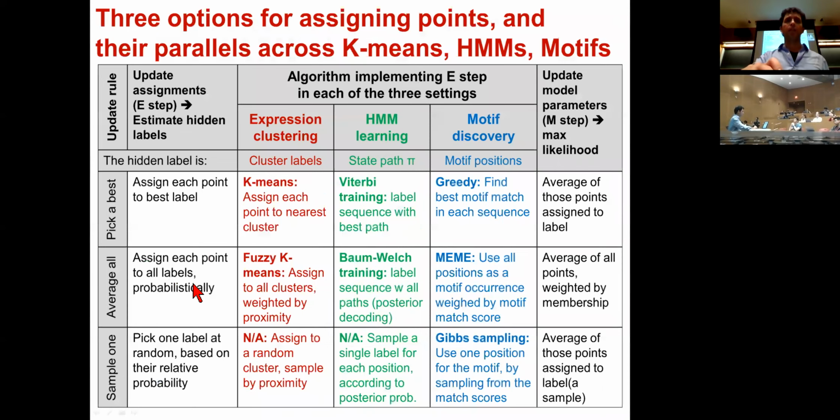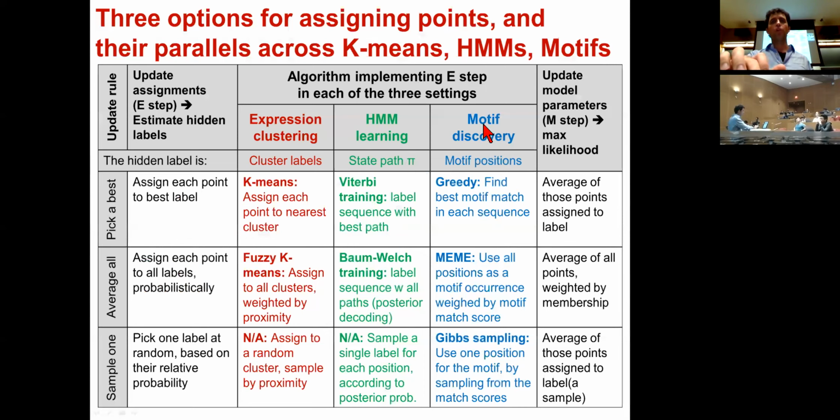So basically, in the E step, we were assigning every instance to a particular label probabilistically, or assigning labels to points. So basically, this is fitting very nicely into that framework we saw before.